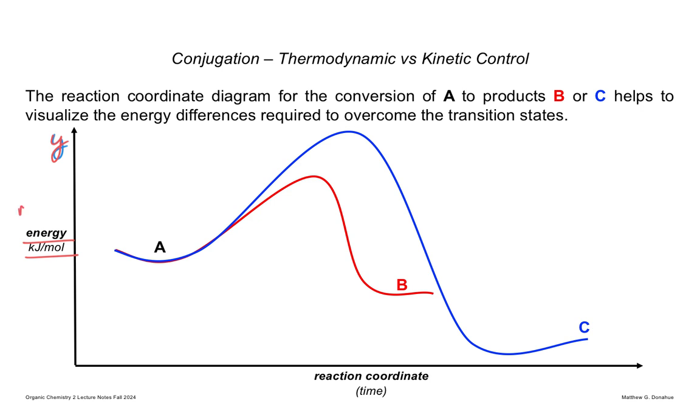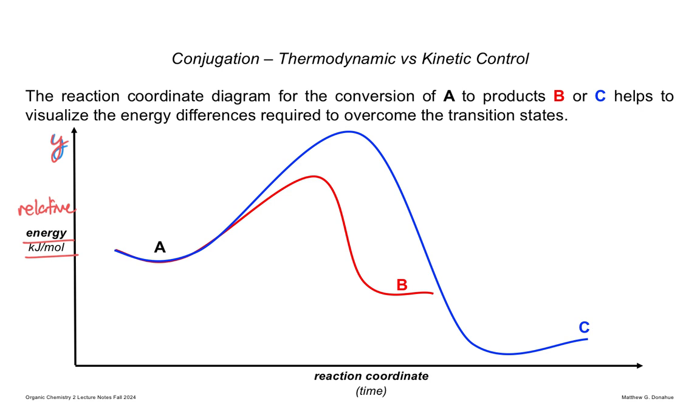And another thing to realize is that this is always relative energy. It's really almost near impossible to know the absolute energy of a system. So what I mean by relative is we're just looking at this relative to that. We're not looking at the absolute energy requirement of the system, because that's very hard to determine.